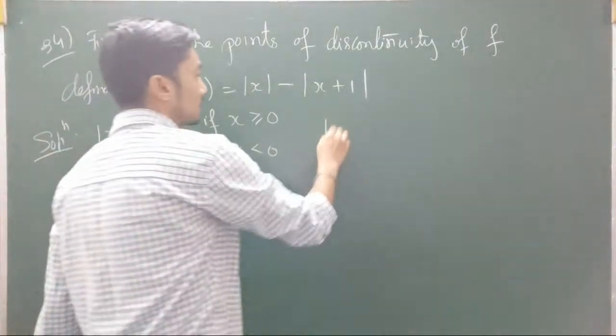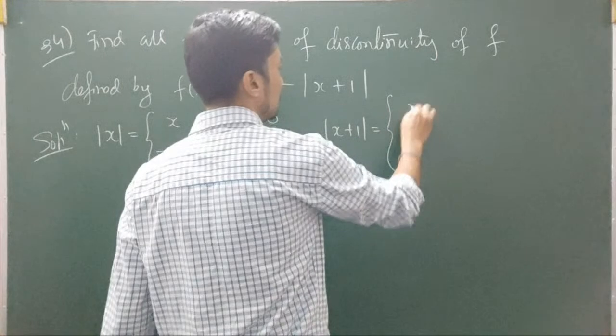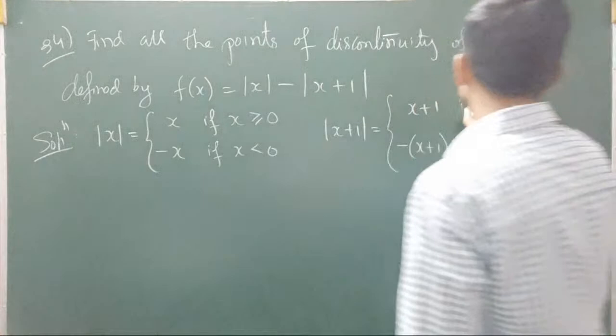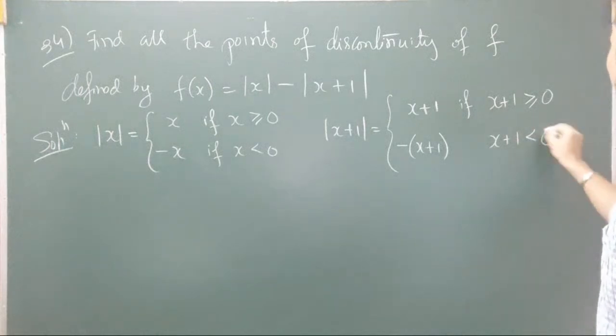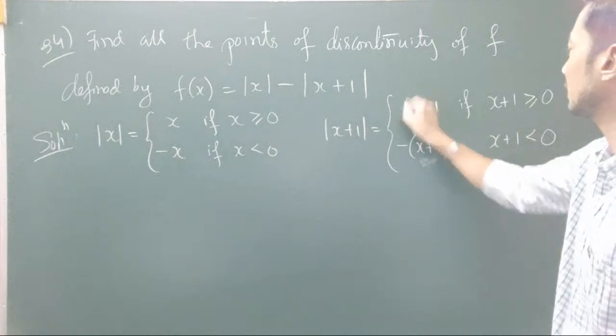And even this one also, mod of x plus 1, this is also going to be x plus 1 if x plus 1 is greater than or equal to 0, minus of x plus 1 if x plus 1 is less than 0. That's the modulus function. It's just that the value of x here is x plus 1, only that.